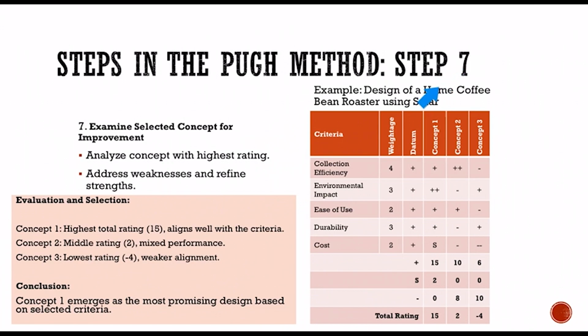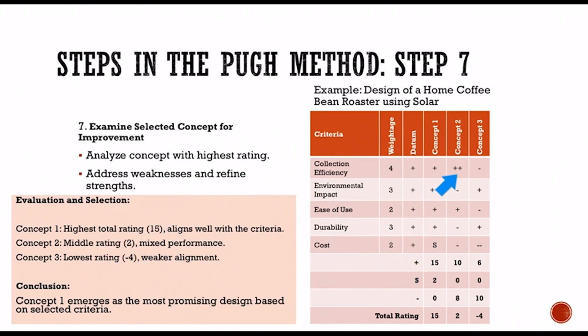Now is step number 4. So step number 4, we will examine selected concept for improvement. So now we will look into the table here. So we can see that concept 1 has the total rating of 15, align all well with all the criteria except number of course. And then for concept number 2, it has the middle rating, which is 2, and then it has mixed performance.